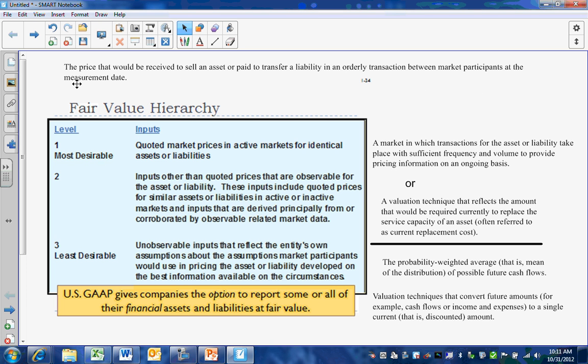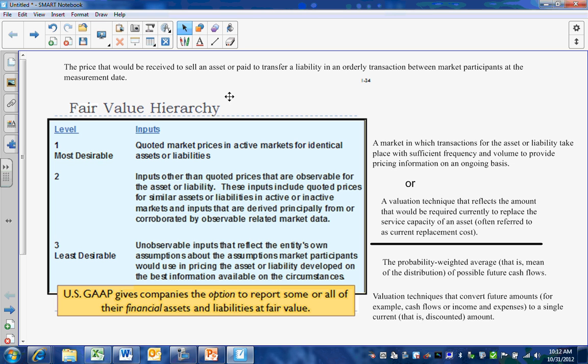And the measurement date is the date on which we are determining this fair value, which is typically a balance sheet amount. So we're usually talking the balance sheet date equals the measurement date. There will be an initial measurement when we take on an asset or are valuing a liability, and then there would be subsequent measurements at each balance sheet date.